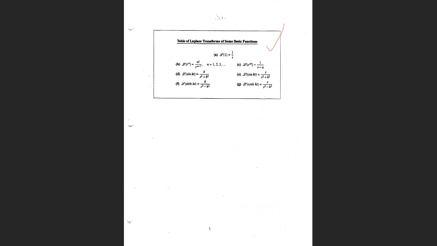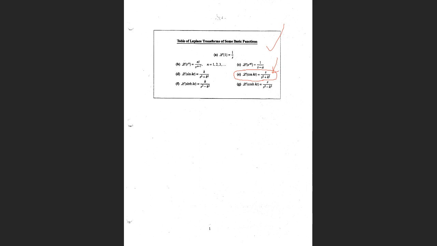We know that on the right here, the Laplace transform of the cosine of kt is s over s squared plus k squared. The problem we're dealing with is similar to that, like a cousin or a brother.